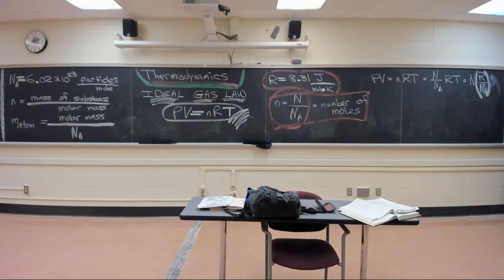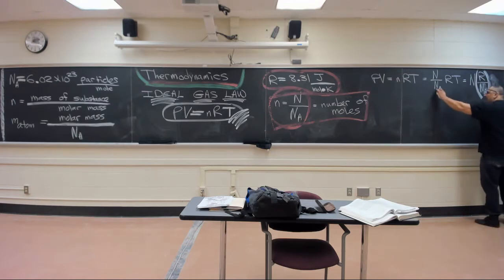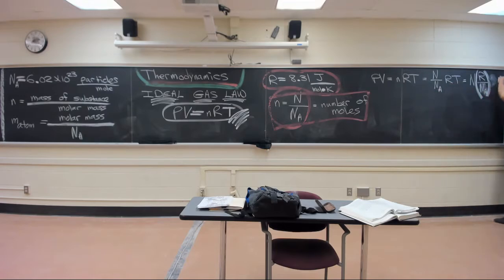Let me just try to see what I just did here. Okay, right. I just took Na into R, and I got T. I also had T right here, okay. This R over Na is K sub B, a constant called K sub B. That's R over Na. What the heck is that?